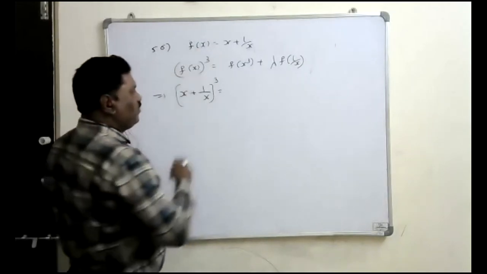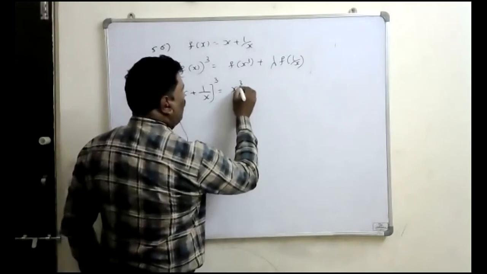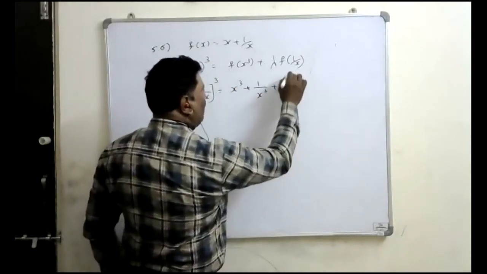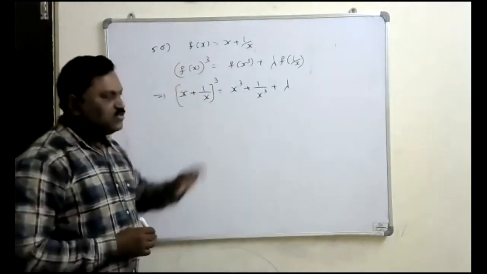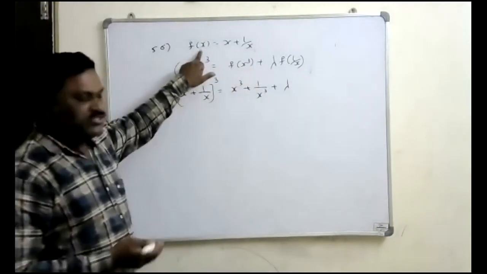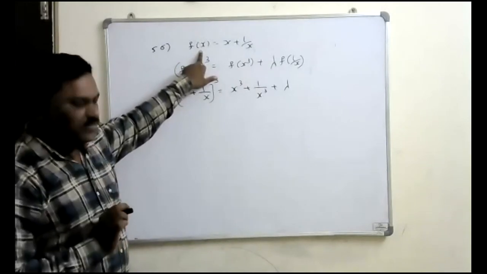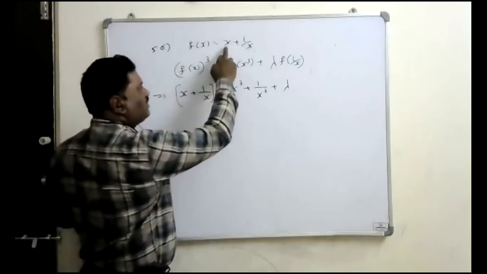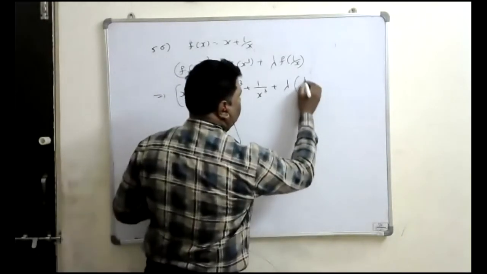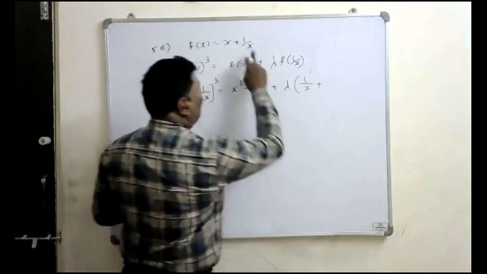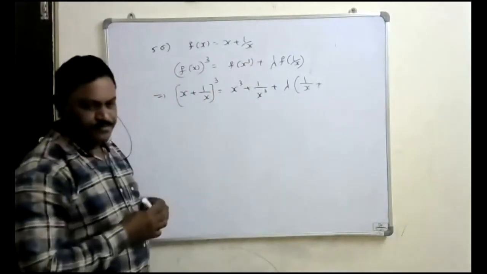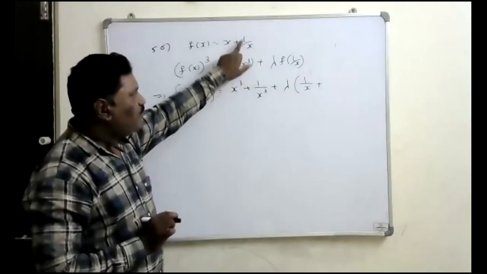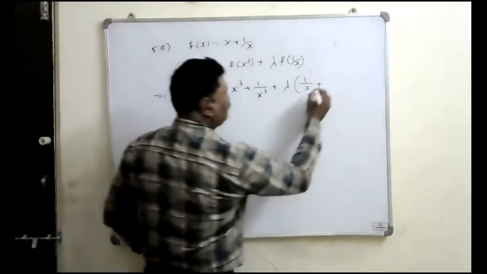It is x cube plus 1 by x cube plus lambda times f of 1 by x. So f of 1 by x means x का जगह में 1 by x रखना पड़ेगा. Replace x by 1 by x. Then क्या मिलेगा हमको? x बोले तो 1 by x plus 1 by x बोले तो x का जगह में 1 by x लो. 1 upon 1 by x क्या होता? x.